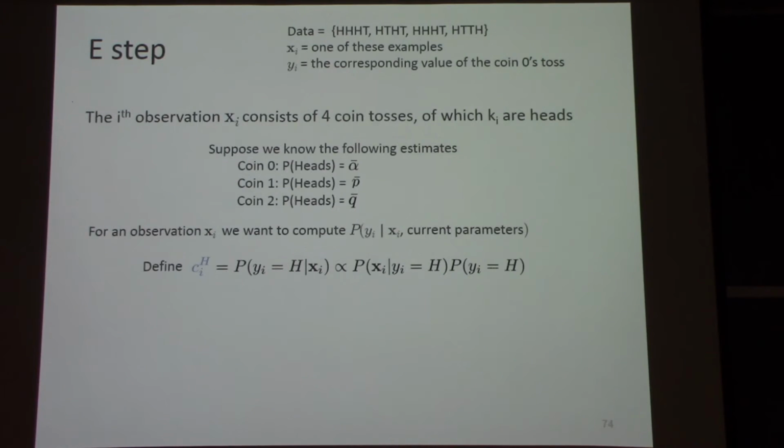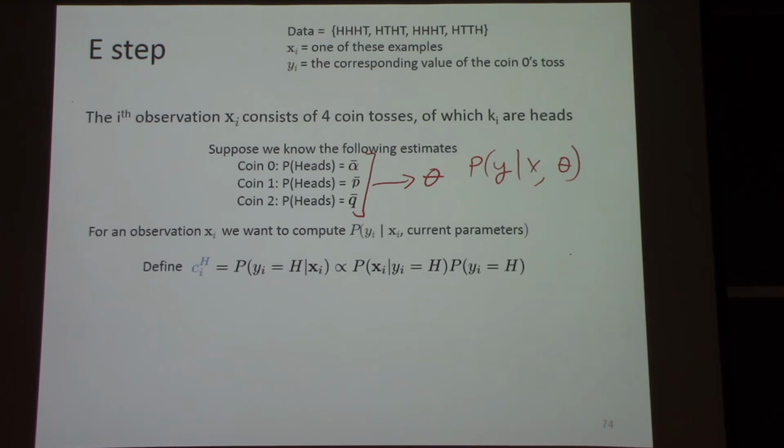The E step is given a current model. If I knew that the biases of the coins were, say, alpha bar, p bar, and q bar, I can ask, what's the probability that a particular set of instances came from coin 0? In the notation that we had before, this was theta, and we are asking what is p of y given x comma theta.